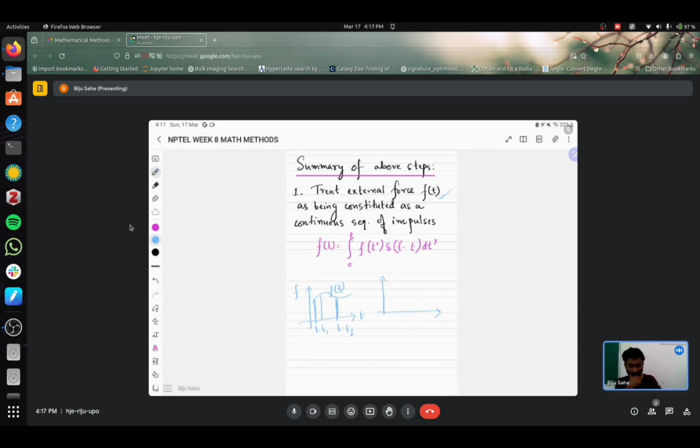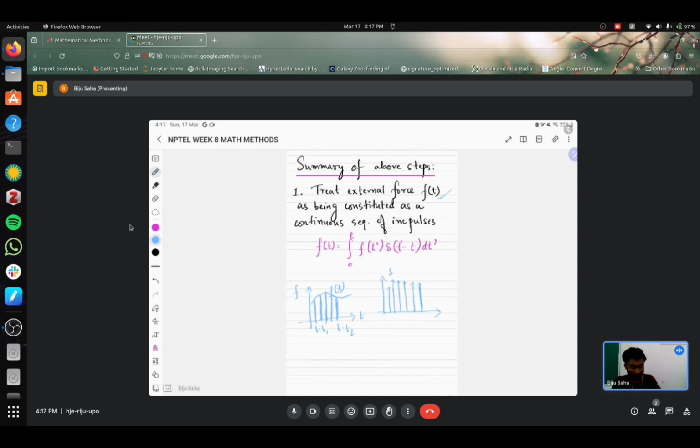Similarly, if we consider many more regions which are infinitesimally close to each other, we can write this complete function f(t) as being made up of an infinite number of such Dirac delta functions, each Dirac delta modulated with the function at that particular time.